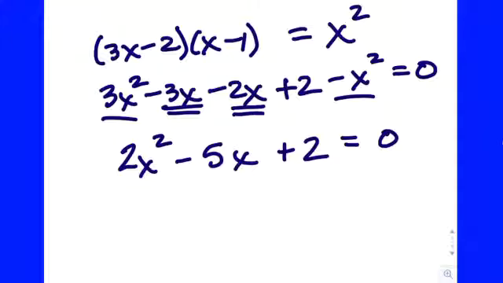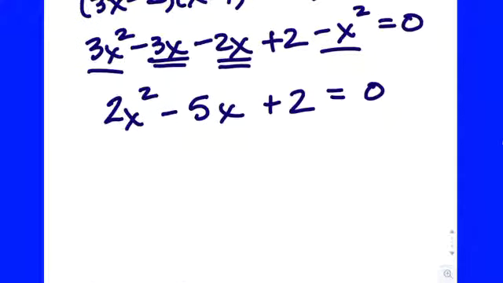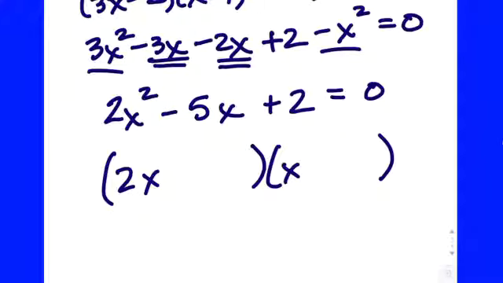Now it's equal to 0. We have a trinomial, quadratic trinomial, equal to 0. What do we attempt to do? Factor it. And if it doesn't factor, we still can either complete the square or use the quadratic formula or hope and pray, right? So 2 is prime, so it's got to be a 2x and a 1x.